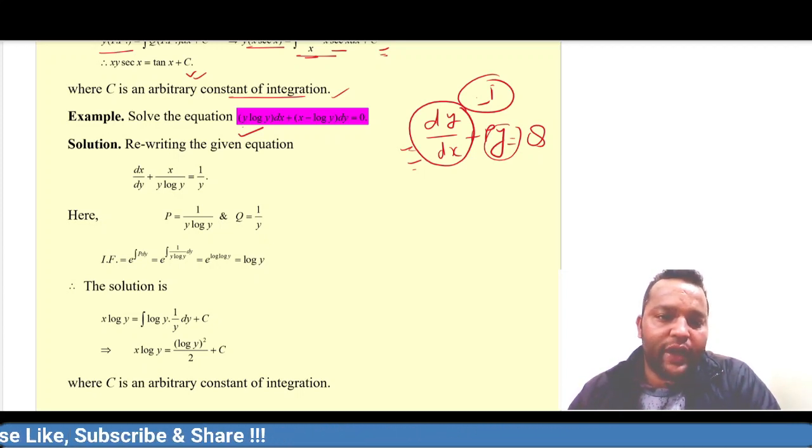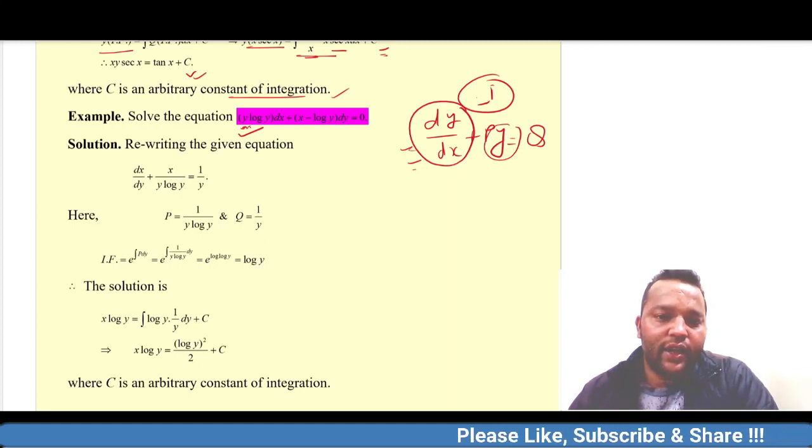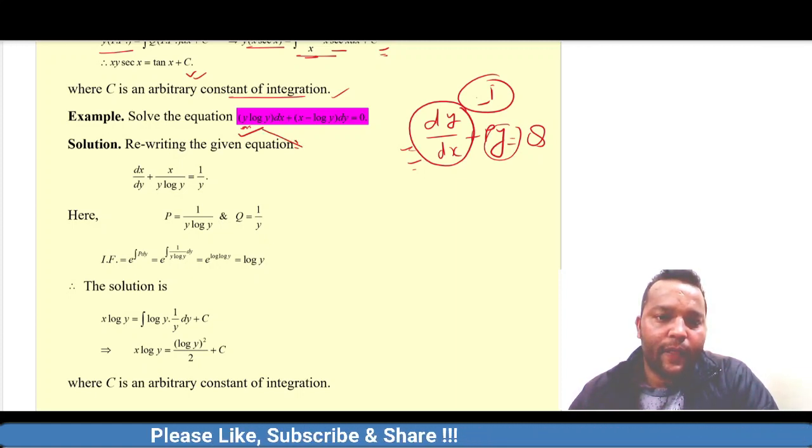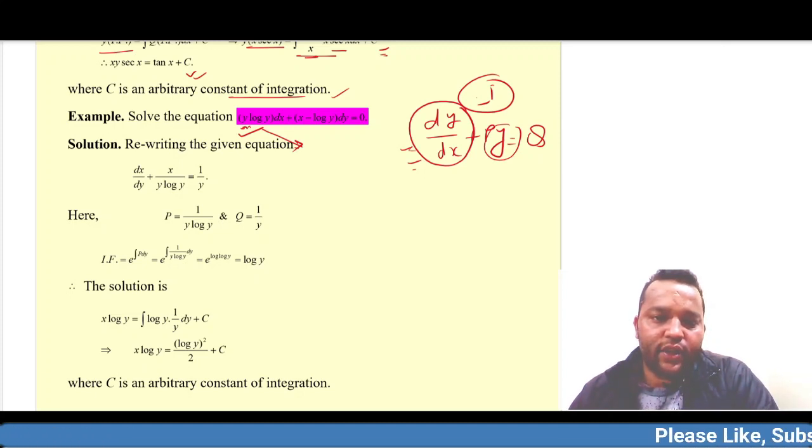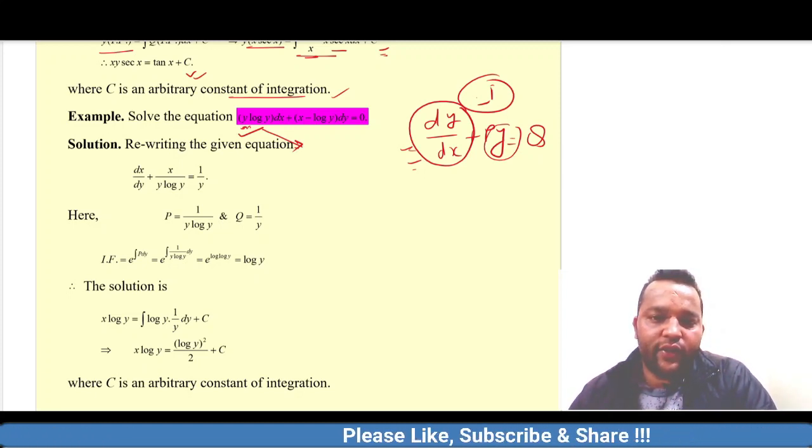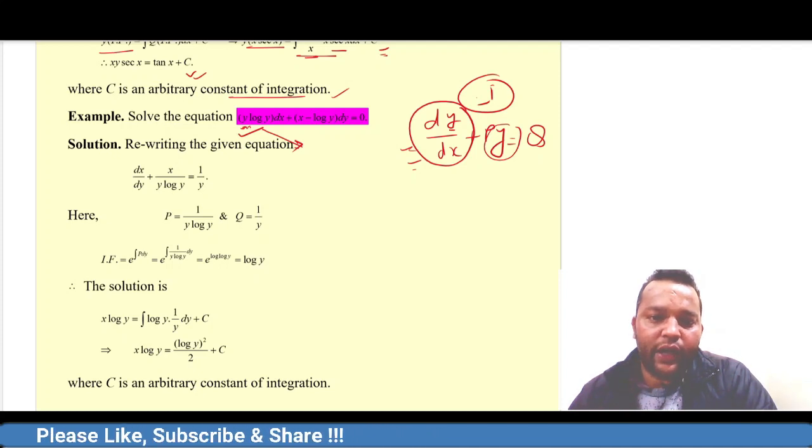Here a y log y term is involved, so it is not possible to write this differential equation as a linear differential equation in the variable y.